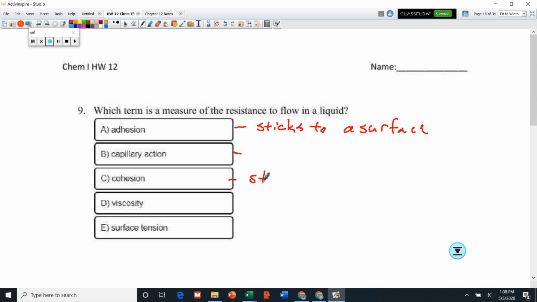Cohesion sticks to itself. Viscosity talks about how easy something will flow. So like syrup has high viscosity.